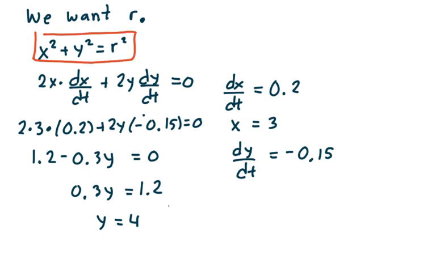And we're going to differentiate both sides with respect to t. The length of the ladder is not changing, so that tells me r is constant. And remember, the derivative of a constant is 0. So 2x dx/dt plus 2y dy/dt is equal to 0.